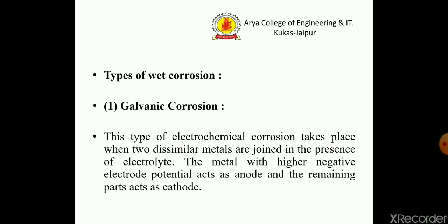This type of electrochemical corrosion takes place when two different metals are joined in the presence of an electrolyte. The metal with high electrode potential acts as anode and the remaining part acts as cathode.